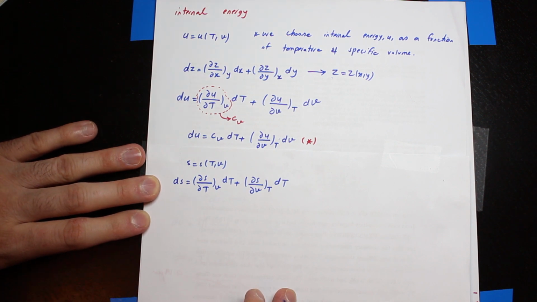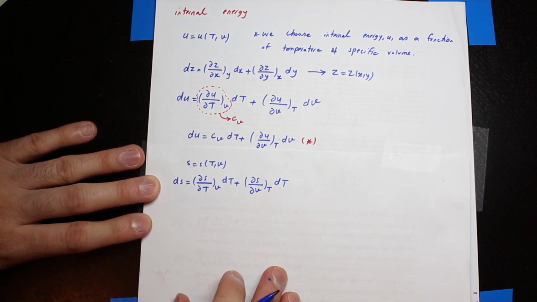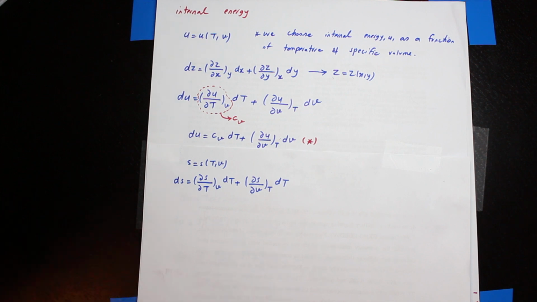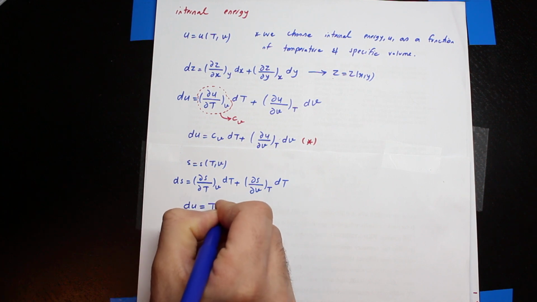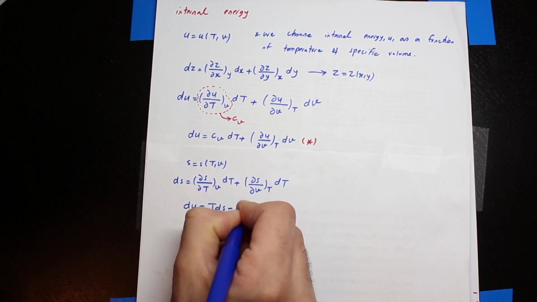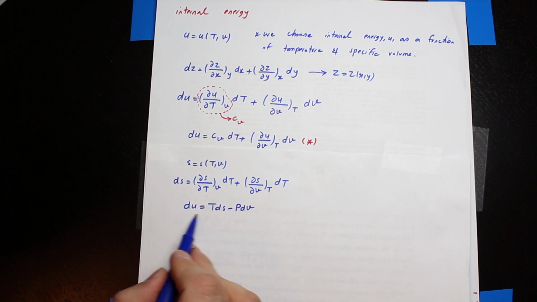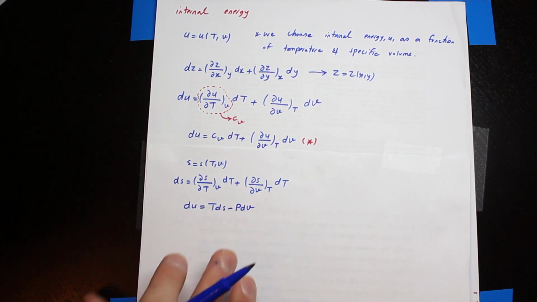Now I'm going to recall one of the equations we had before, and that equation was dU is equal to T ds minus P dv. Previously we had this equation, and it simply comes from applying the conservation of energy.